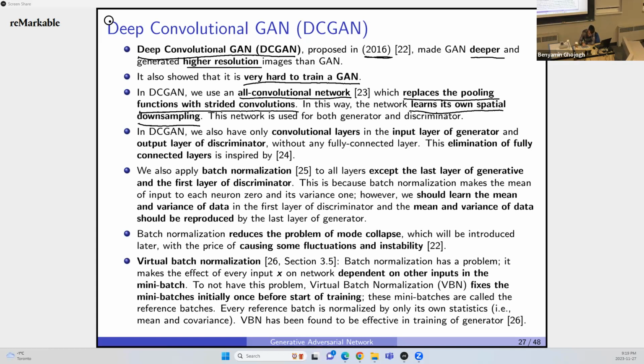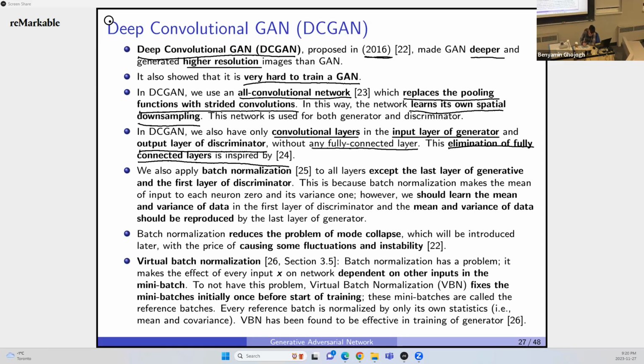In DC GAN, we have only convolution layers, as I said, in the input layer of the generator and the output layer of the discriminator, without any fully connected layer. And they have some inspiration for the elimination of fully connected layers, reference 24.